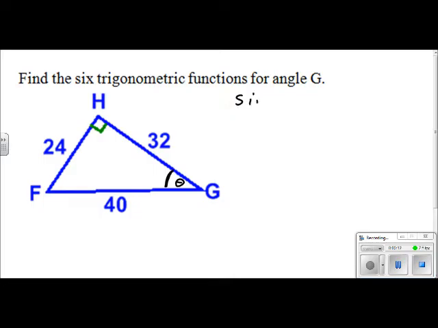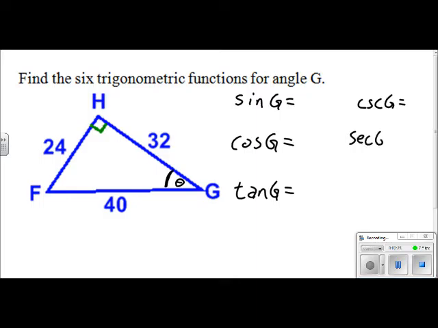So we would want the sine of G, the cosine of G, the tangent of G, the cosecant of G, the secant of G, and the cotangent of G. Well, remember, sine of G is going to be its opposite over the hypotenuse. So it looks like this is our hypotenuse. If G is over here, the opposite one is going to be over here. And adjacent is the one that lies right next to it. So our adjacent is going to be this one here.